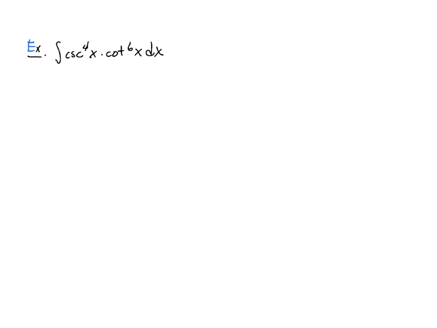Remember that the derivative of the cotangent function has cosecant squared in it, and using the idea that we had before, the fact that the power on cosecant here is even suggests that I should use u equals cotangent x, because I can collect together two powers of the cosecant.